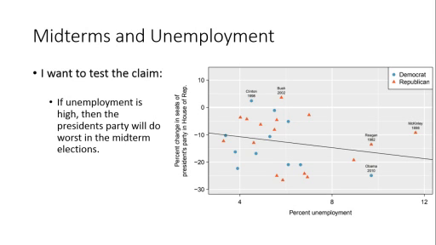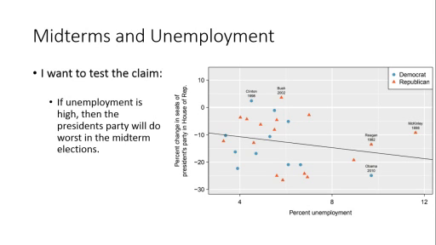They are elected the same year as presidents, and then 2 years into the president's term, they can be elected again. So this is looking at the data of midterm elections. And this is wanting to see if a high unemployment level means that the president's party will do worse at midterms, so they lose more seats.